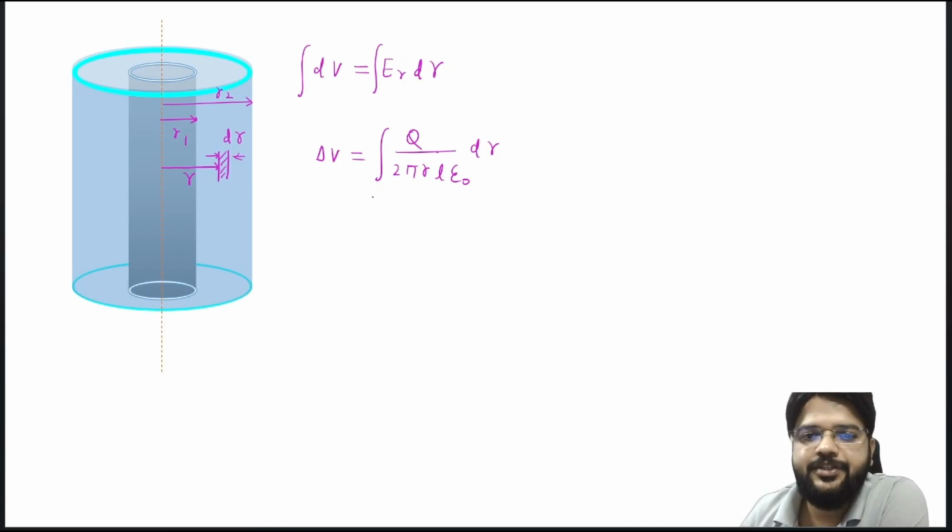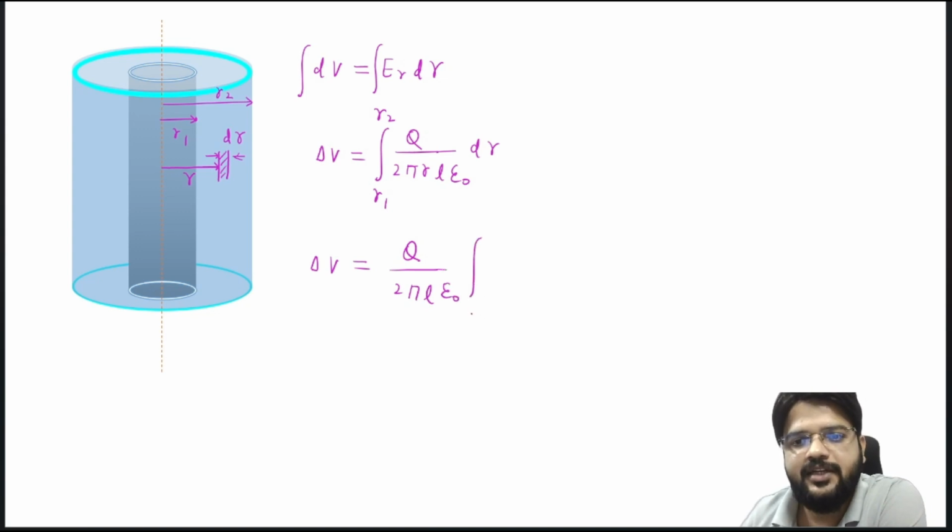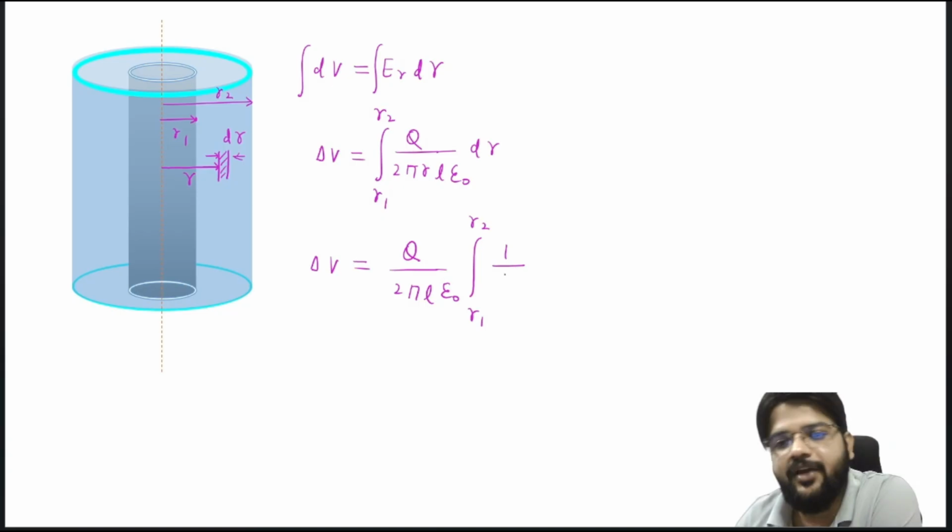And what is the limit of integration? R1 to R2. All right. Now integrate. Q by 2 pi L epsilon naught is constant, so put it outside the integration. Inside the integration we have 1 by R, and the limit is R1 to R2.